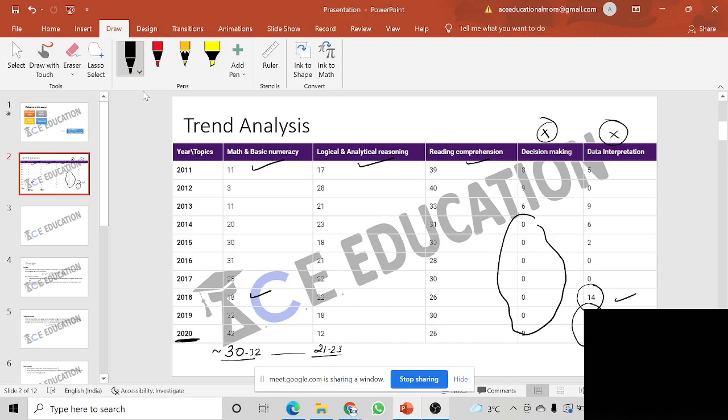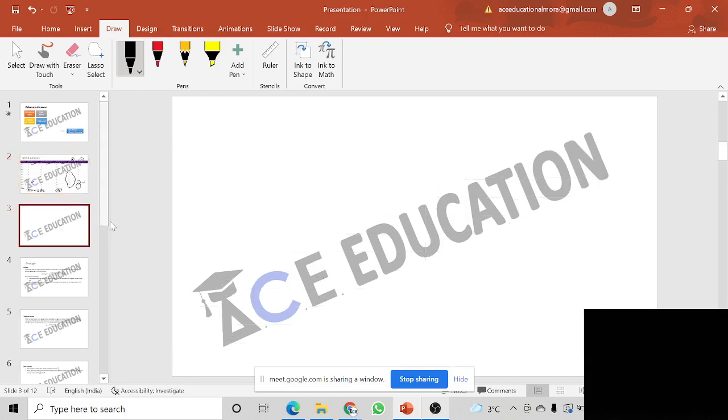Both of these combined should give us 50 to 55 questions out of 80. Now given the marking scheme, there are 80 questions, 2.5 marks each. We have to score 66.